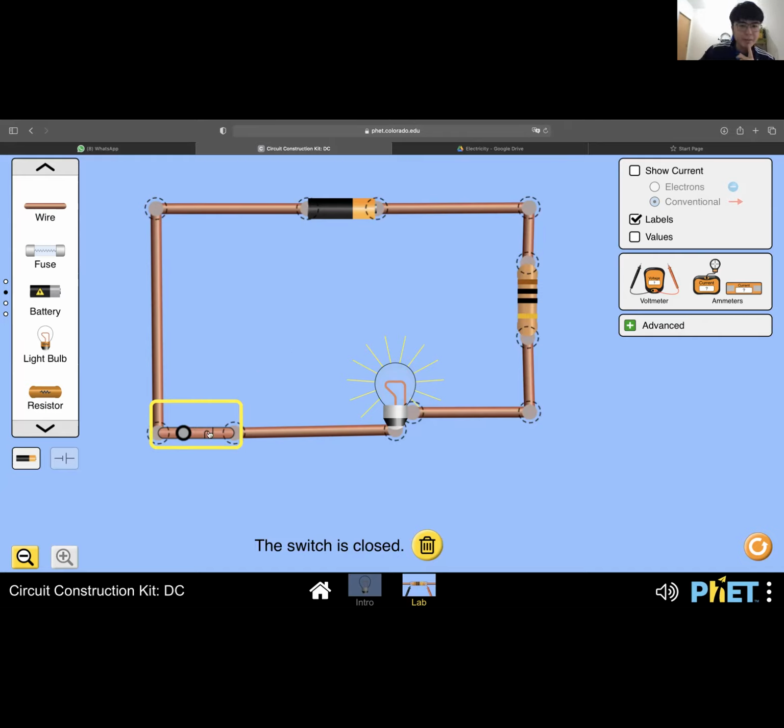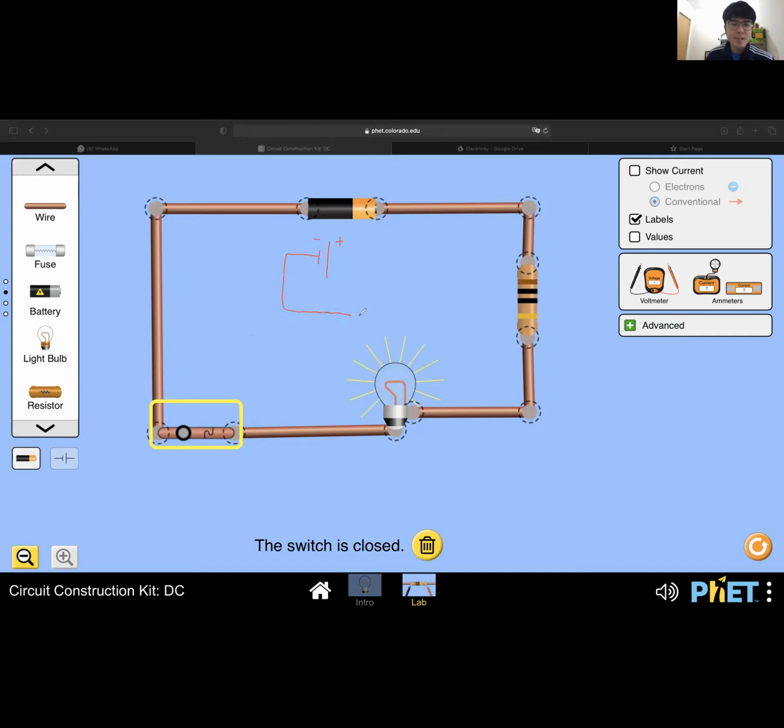Again, open circuit, no light. Closed circuit, lights up. Now I want you to observe the current flow. What is the direction of the current? From the last lesson, if you remember, current flows from positive to negative.